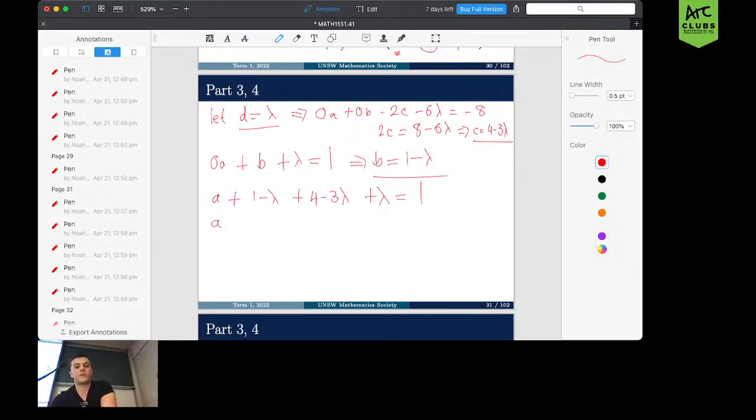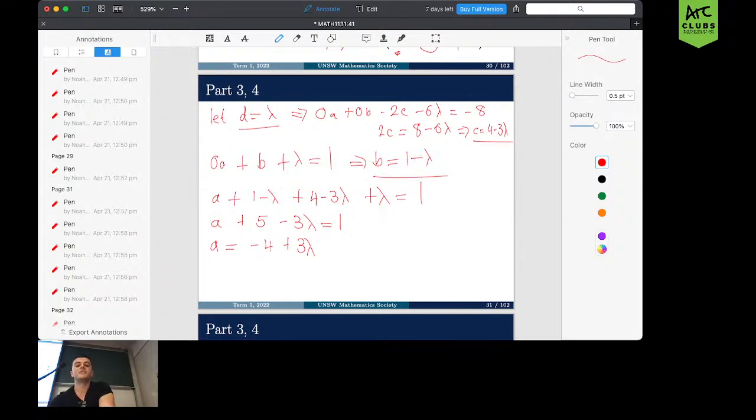Now, 1 plus 4 is 5, so plus 5, minus lambda, minus 3 lambda, plus lambda is minus 3 lambda. That's going to be equal to 1. And then we can simplify, so a is equal to, well, what is that? So negative 4 plus 3 lambda.